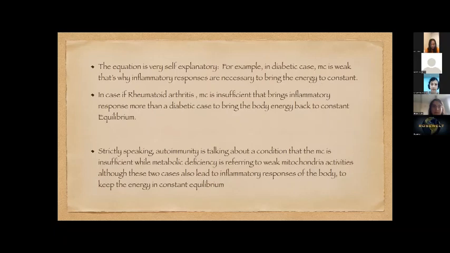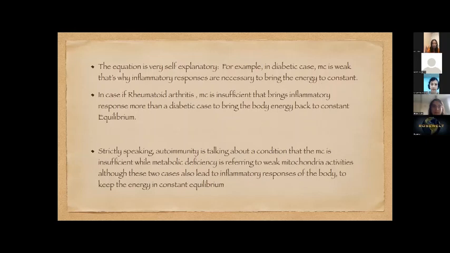And in the case of rheumatoid arthritis, we are talking about MC insufficiency. That brings inflammatory response more than a diabetic case to bring the body back to constant. What is the difference? Like in liver cells, if you need 200 mitochondria, then in a diabetic case, you still have 200 mitochondria, but their metabolism is weaker than the normal person.